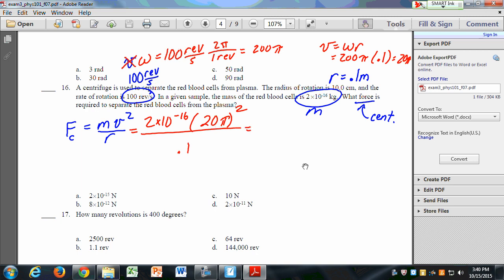What is the answer? Looks like it has to be A. Is that right? I think that's right. That doesn't look right.